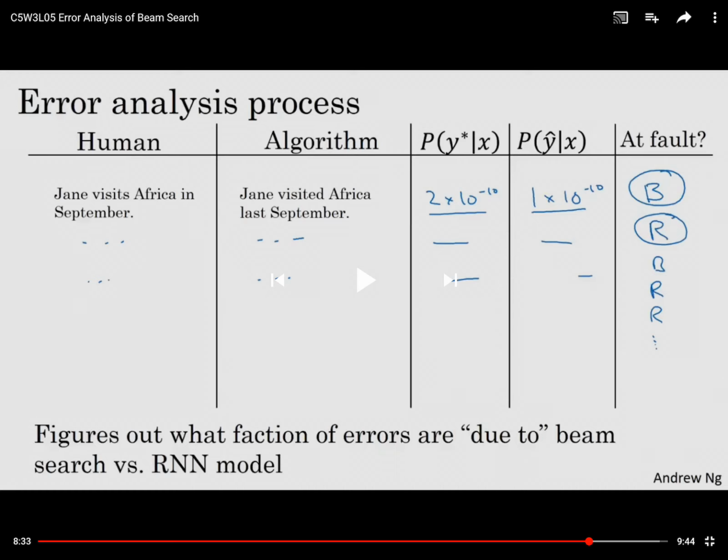So our RNN may have fault, or this beam search may have fault, right? And we can kind of judge between these two cases.